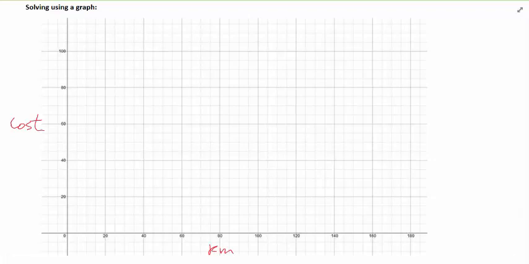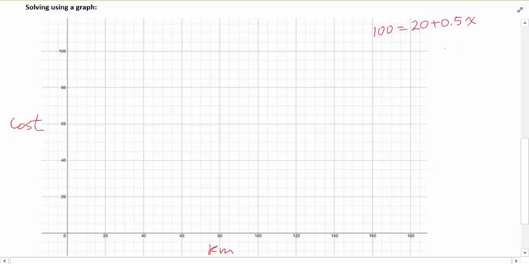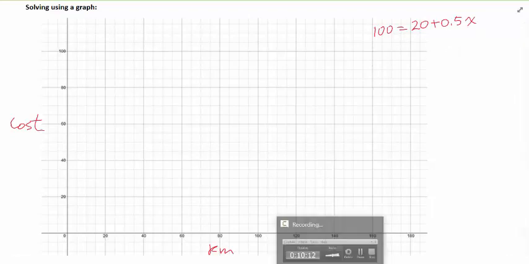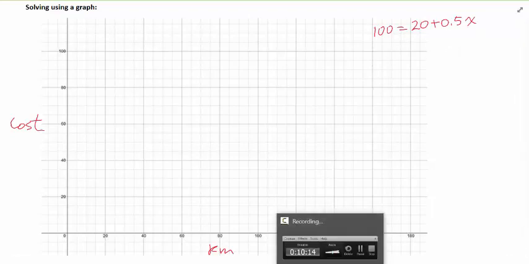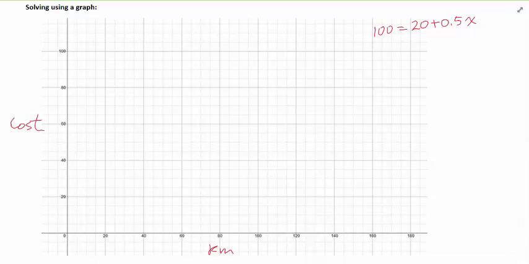Now, you have this. You have 100 equals 20 plus 0.5x. Now, remember, if you want to graph something, you need y equals something, right? You need x and y. However, I don't have x and y here.